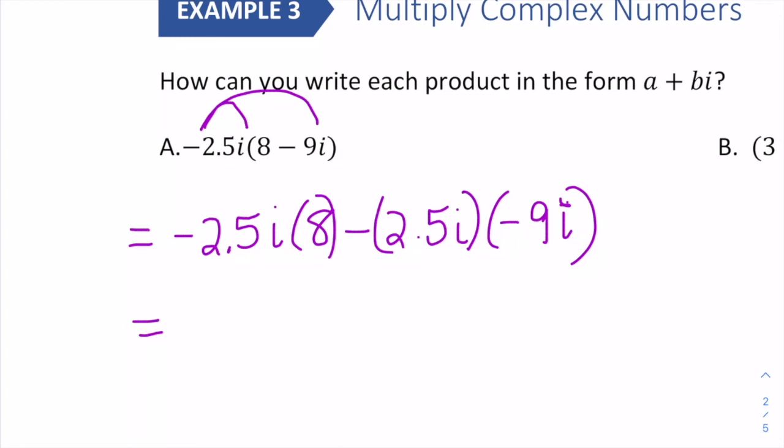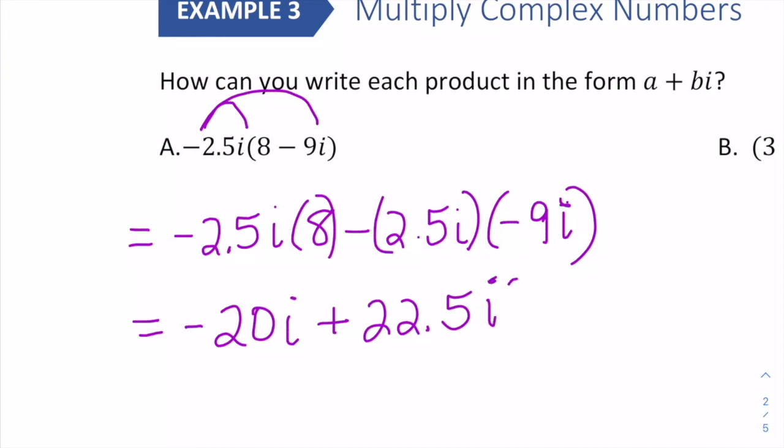So simplifying this, I'm multiplying the negative 2.5 with the 8. So we get negative 20i. And for 2.5 times 9, that's going to be 22.5, and they're both negative, so plus 22.5. And then we have an i times an i, which is i squared.